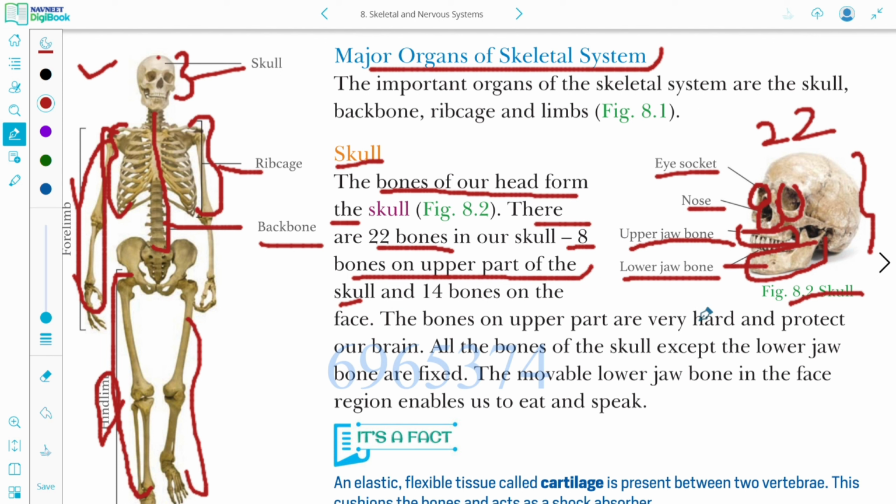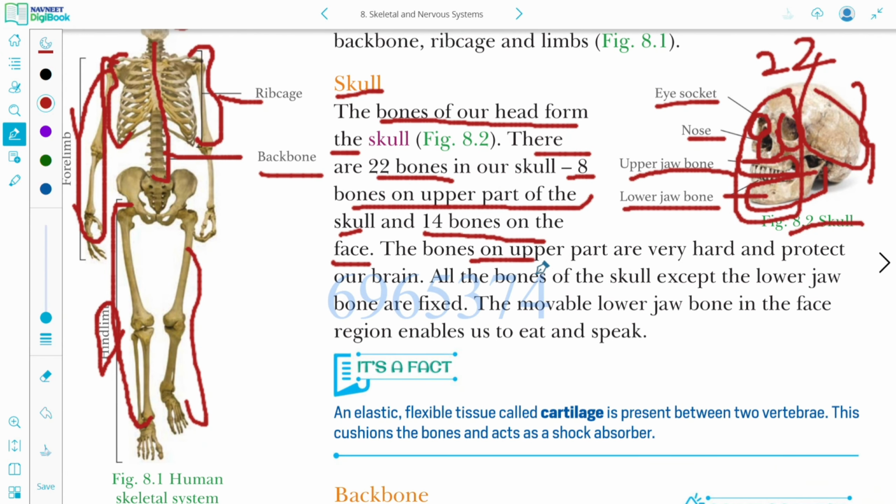Upper part of the skull. और 14 bones on the face. 14 bones कहाँ होती हैं? फेस पे. ठीक है, तो 8 bones अपर पार्ट ऑफ द स्कल में और 14 bones हैं ऑन द फेस.